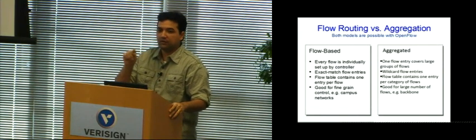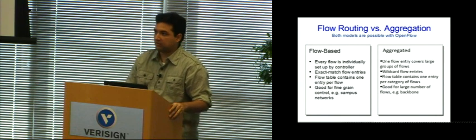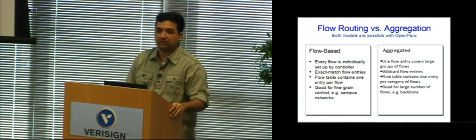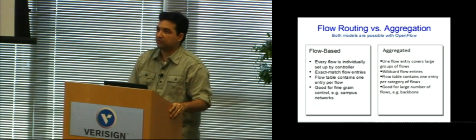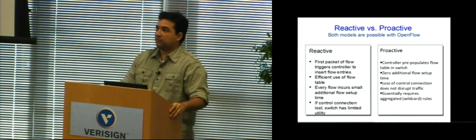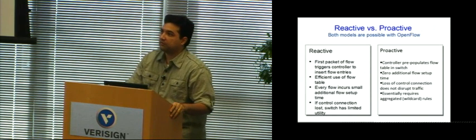Or you can treat it on a per flow basis. It's not very common, but depending on the service that you're working on, you can use this. Then there's reactive versus proactive.